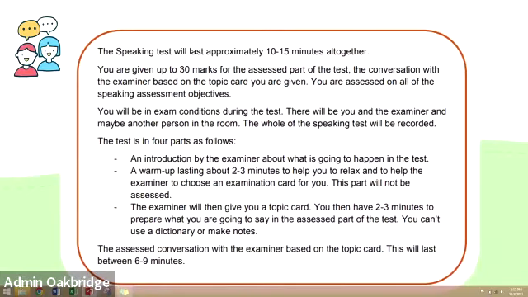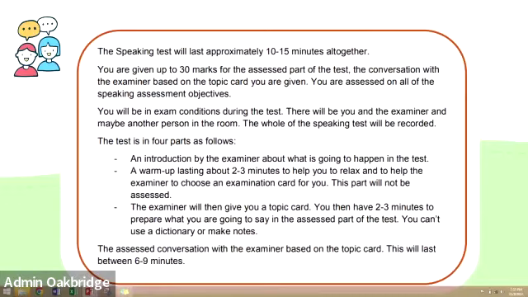During this speaking test, you will be in an exam condition, but there will only be just you and the examiner in the room. The whole speaking test will be recorded. This is something that you should know. The entire session, that 10 to 15 minutes with the examiner, will be recorded.